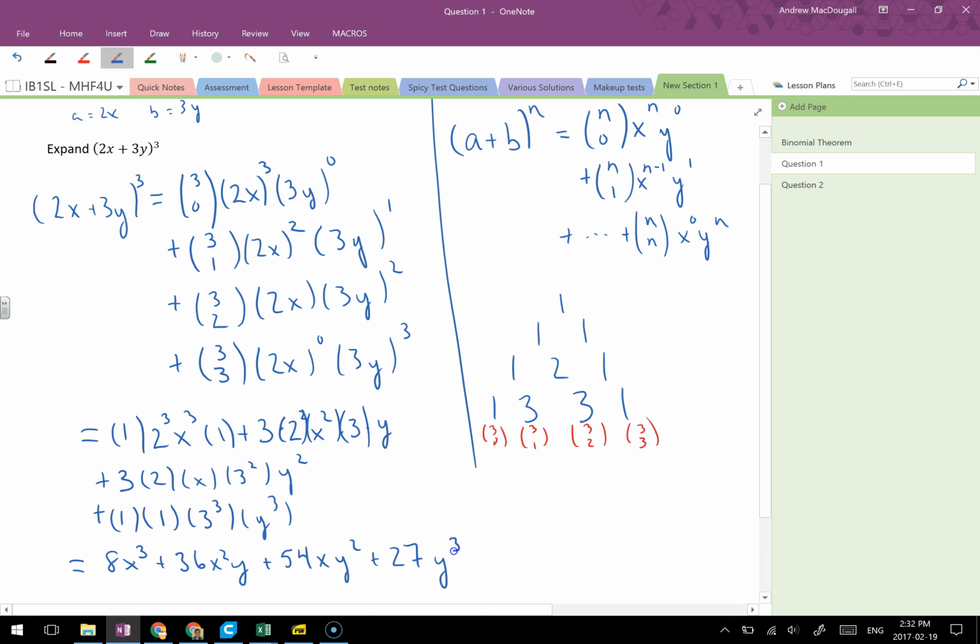Our expansion, 2x plus 3y all cubed, gives us 8x cubed plus 36x squared y plus 54xy squared plus 27y cubed. So this process, although it wasn't quick, will become quicker for you, and you don't have to show every single step that I did. It's definitely a lot faster than writing out 2x plus 3y times 2x plus 3y times 2x plus 3y once you get the hang of it.